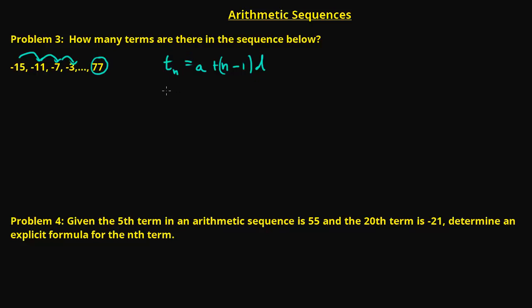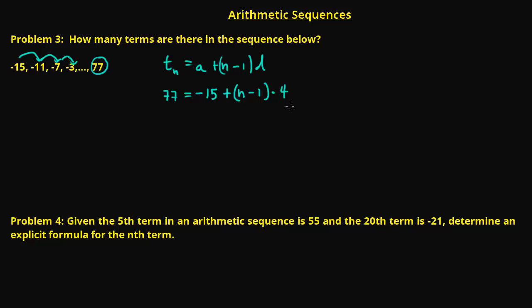So we have that 77 is equal to the first term, which is negative 15, plus n minus 1 times the common difference, which is positive 4.